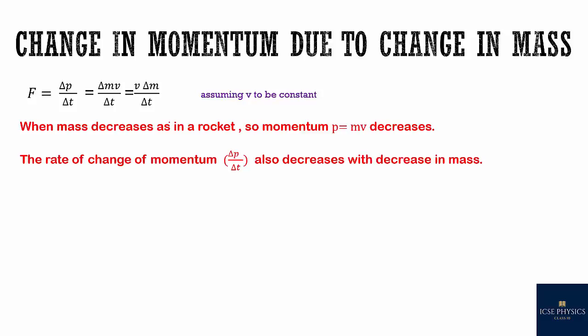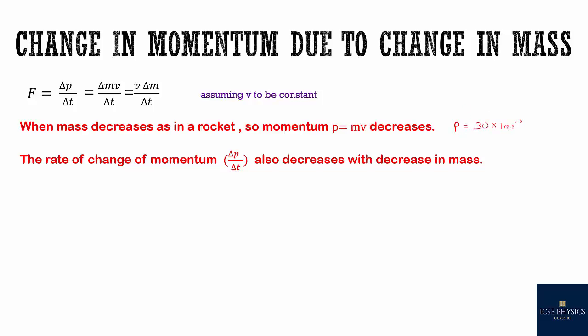Let's see. When mass decreases, or when the fuel gets spent, as in the case of a rocket, momentum depends upon mass and velocity. If velocity is constant, what will happen to mass? Let's see this example. Suppose mass was 30 and velocity is, let's say, 1 meter per second.